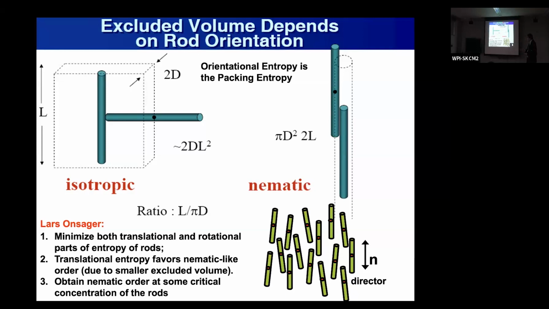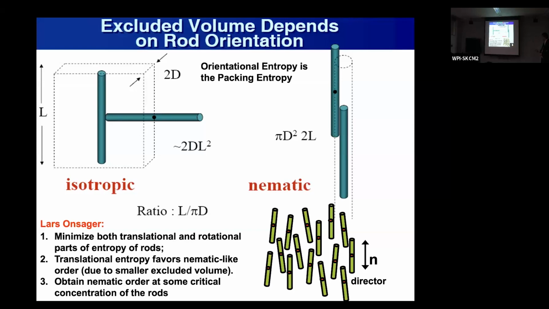And because of that, if such particles are in a disordered state, the number of states that can be accessible to particles is smaller than if they are parallel to each other, as depicted here, because the excluded volume in this case, due to the presence of each particle, is smaller, right? And so then the second particle can take many more positions, right?